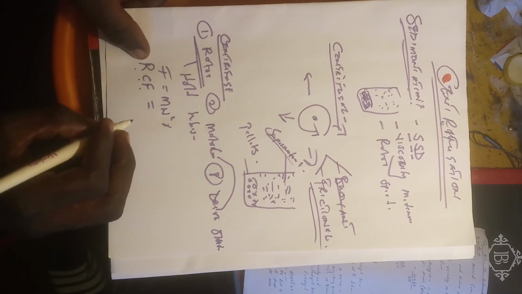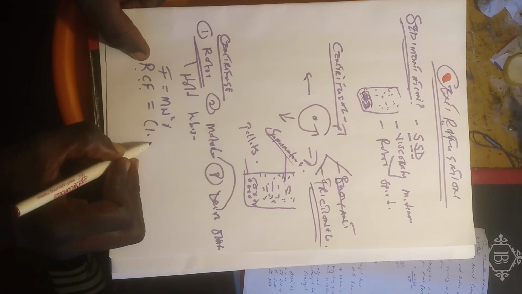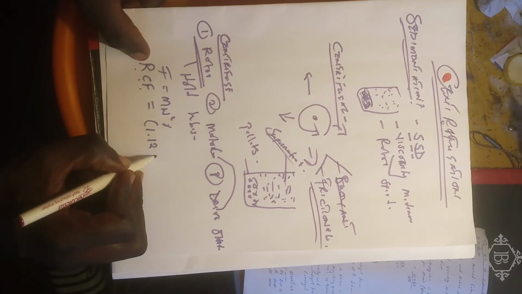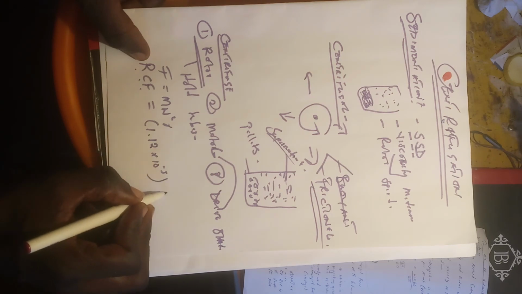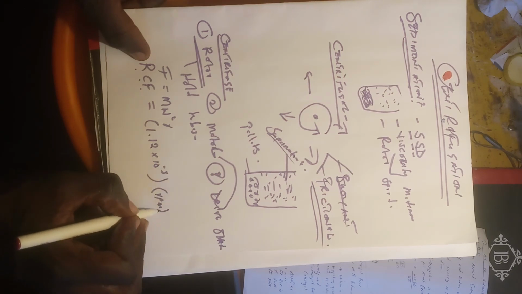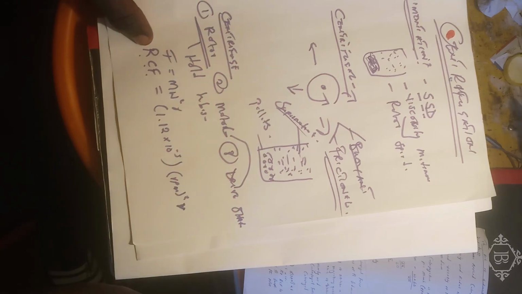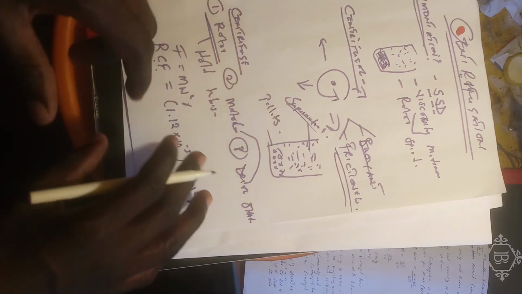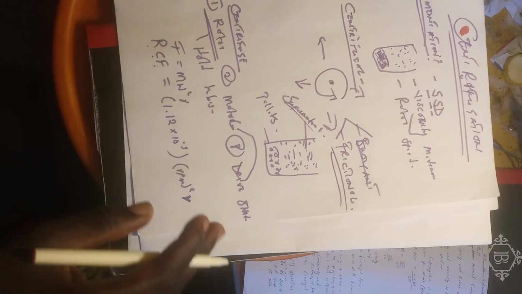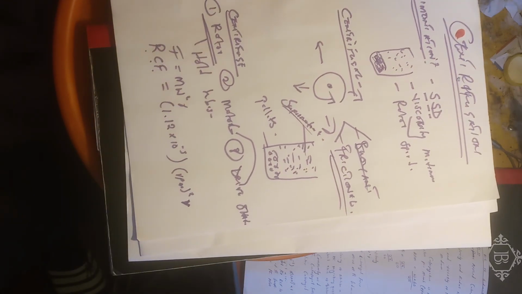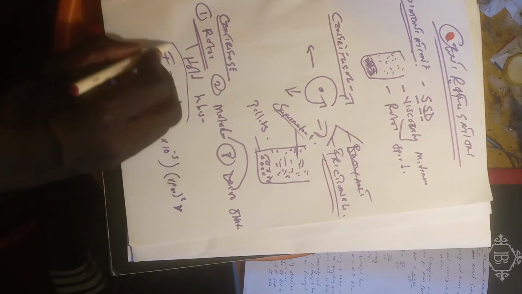The formula for finding this is 1.12 times 10 to the power negative 5, times rpm squared, times r outside. So these are the basic formulas that you can use to find the relative centrifugal force and the centrifugal field itself.